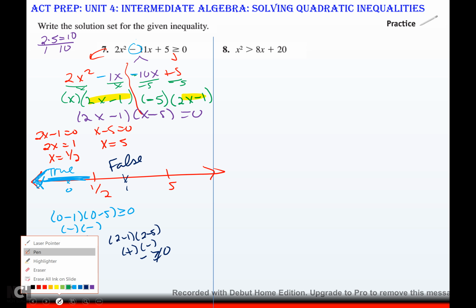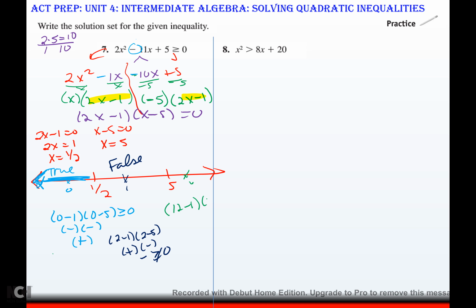And try the upper one. Pick something bigger, like 6. 2 times 6 would be 12 minus 1. 6 minus 5, that's a positive. That's a positive, which is a positive, which is always greater than or equal to 0. So that's true. And I can include that. Oh, there is a bar, so I include the ends.